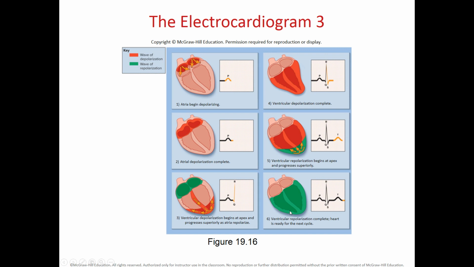Now, why don't you see the repolarization of the atria? Well, it's because it happens when you have the QRS. The QRS complex is obscuring the atrial repolarization.